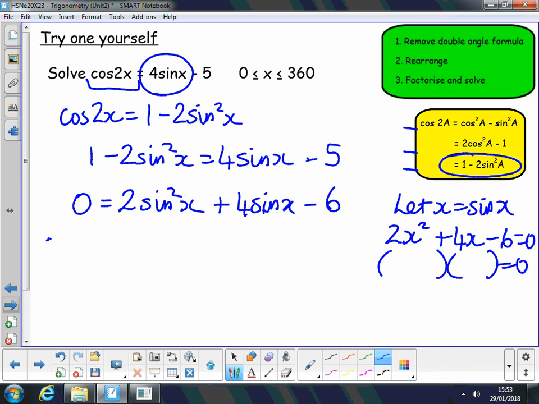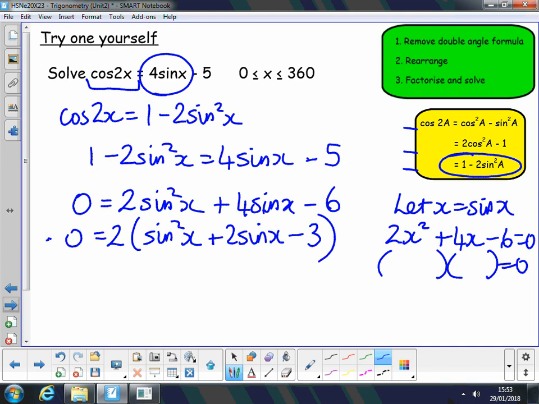In each of your brackets, you should have... I've not made a mistake. I've just not taken out a common factor to make it easier for myself straight away. So 2 brackets sin squared x, my apologies, plus 2 sin x minus 3 is equal to 0.